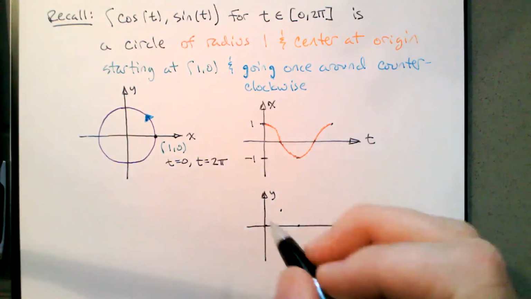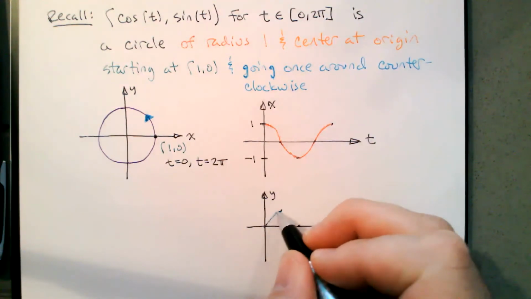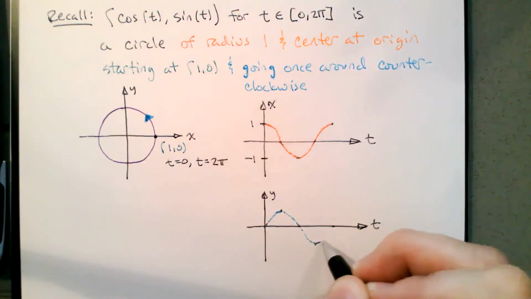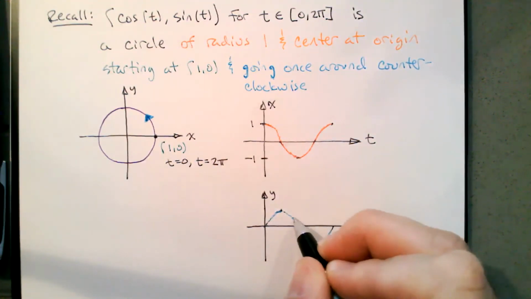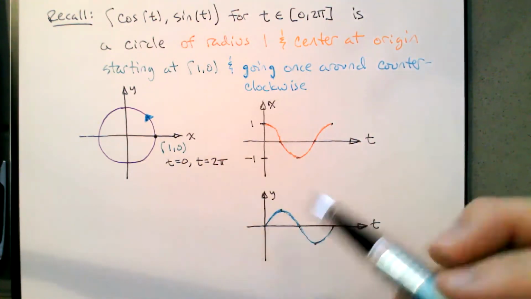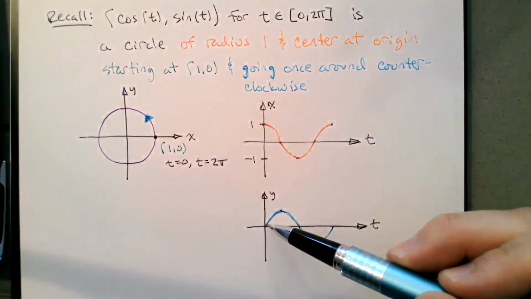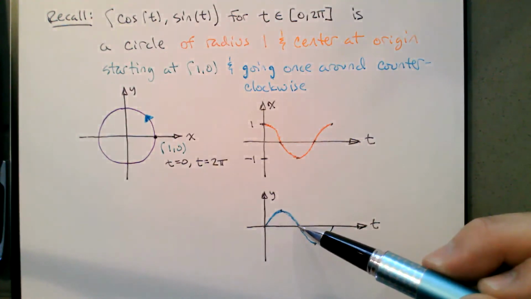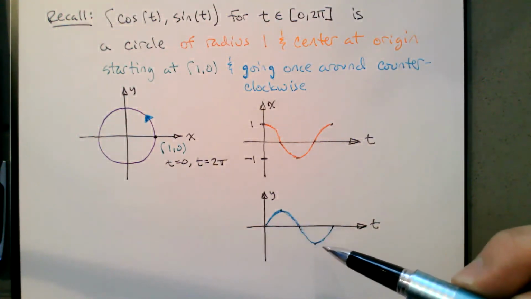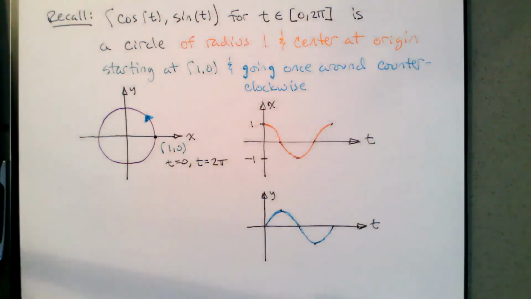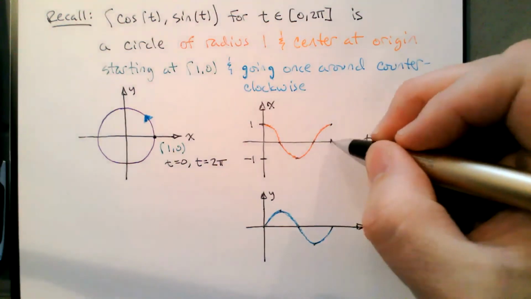So the y coordinate starts off at 0, goes up to 1, back down to 0, down to -1, and then back up to 0. So if we just imagine the y coordinate, when we go around the circle, we start off at 0 when t is equal to 0. We go up to 1 at t equals pi over 2, down to 0 at t equals pi, down to -1 when t is equal to 3 pi over 2, and back up to 0 when t is equal to 2 pi. So that's what it looks like going once around.